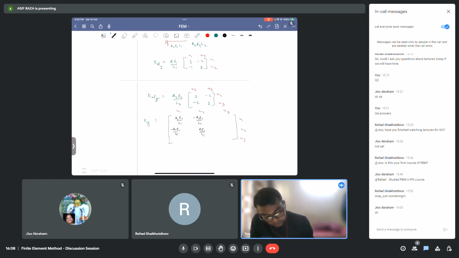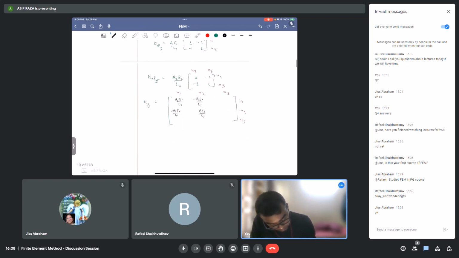Now when we add the second stiffness matrix to the global, we'll get A2 E2 upon L2, minus A2 E2 upon L2, minus A2 E2 upon L2, and A2 E2 upon L2. The remaining entries will be 0.